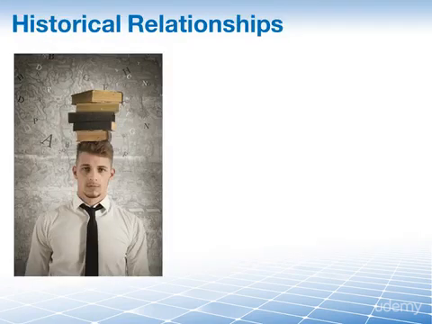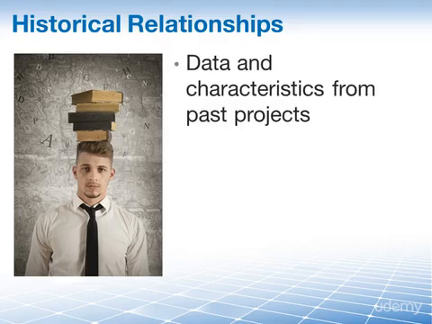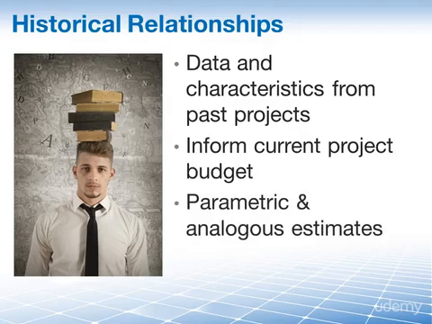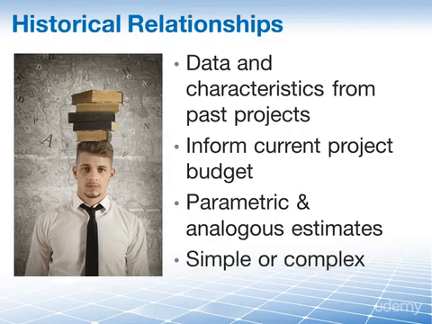As the name implies, using historical relationships to determine a budget means simply that you use and rely on the data and characteristics from past projects in order to figure out how you create a budget for your current project. You see this in the case of parametric estimates and analogous estimates. The use of historical relationships can be simple or complex.